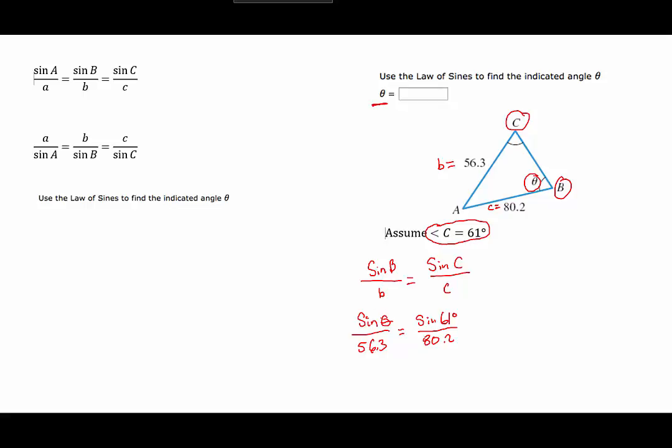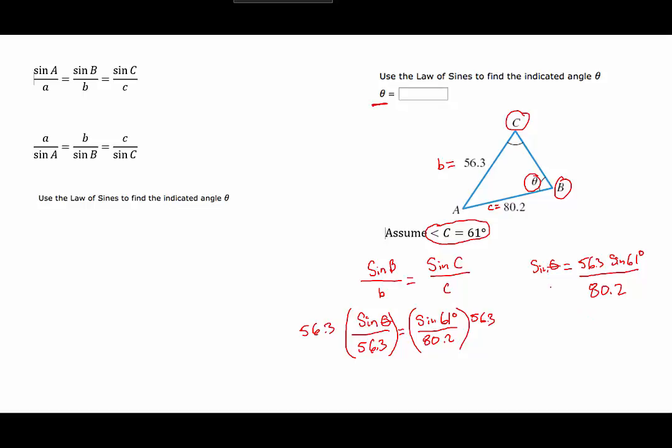Now we want to get theta by itself, so we'll multiply both sides by 56.3, and then we'll wind up with the sine of theta is equal to 56.3 sine 61 degrees divided by 80.2.